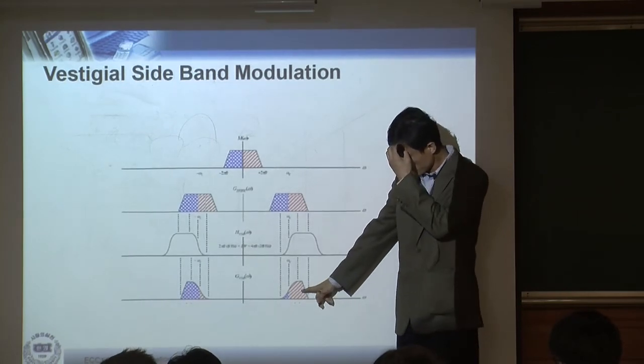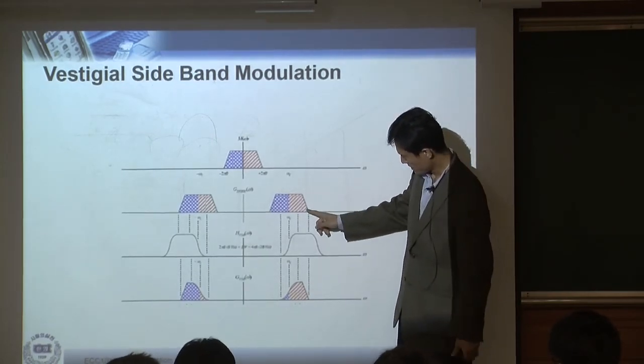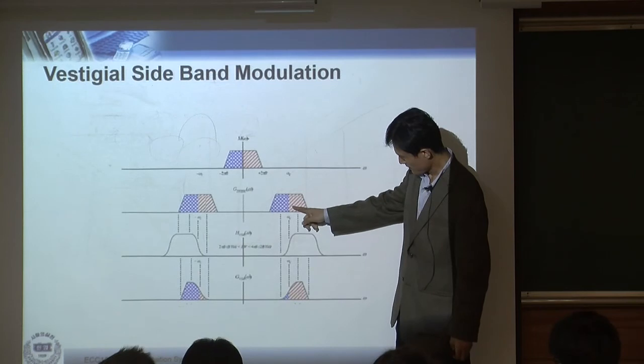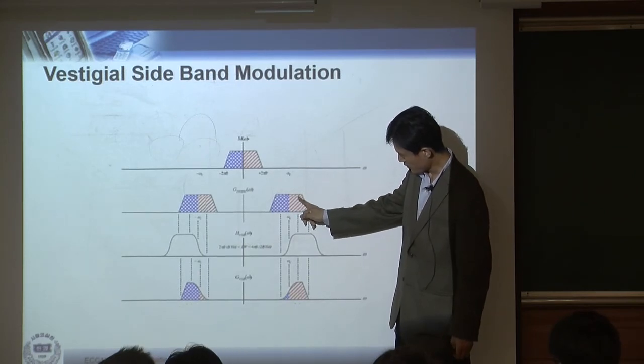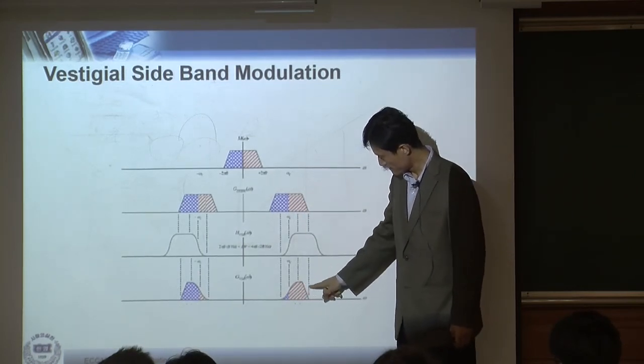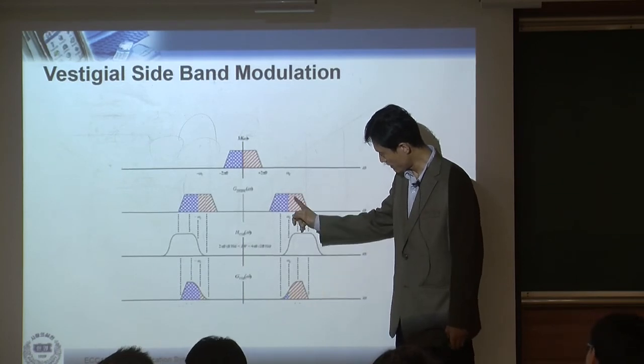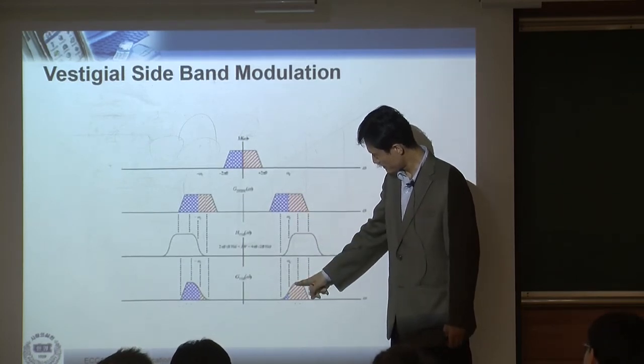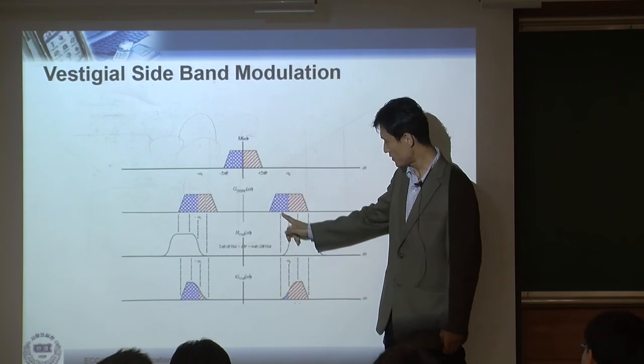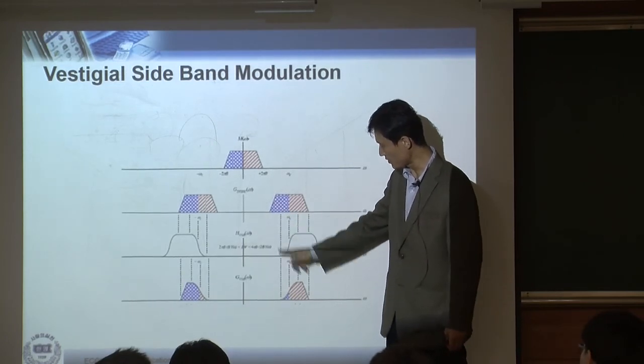So when you look at this signal, you can see that this red part is a little bit changed, right? And also you can still transmit some of the blue part.